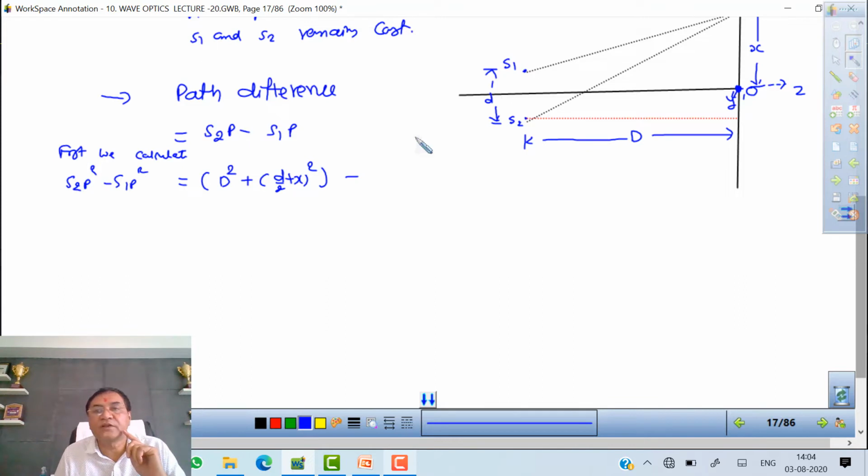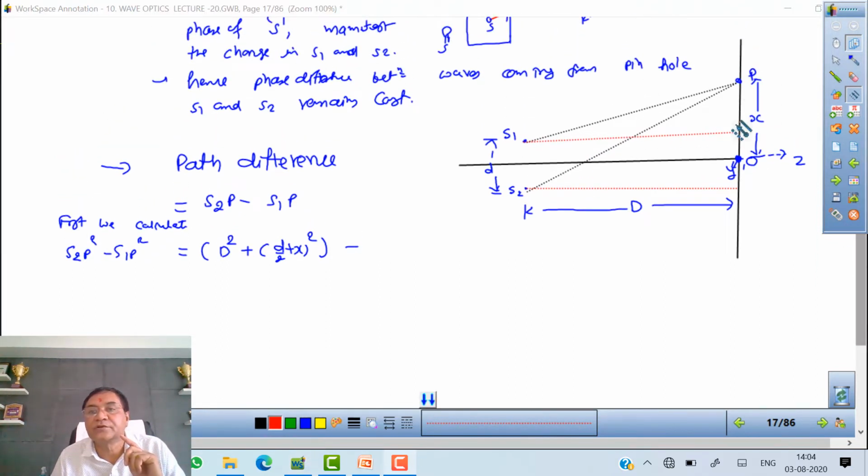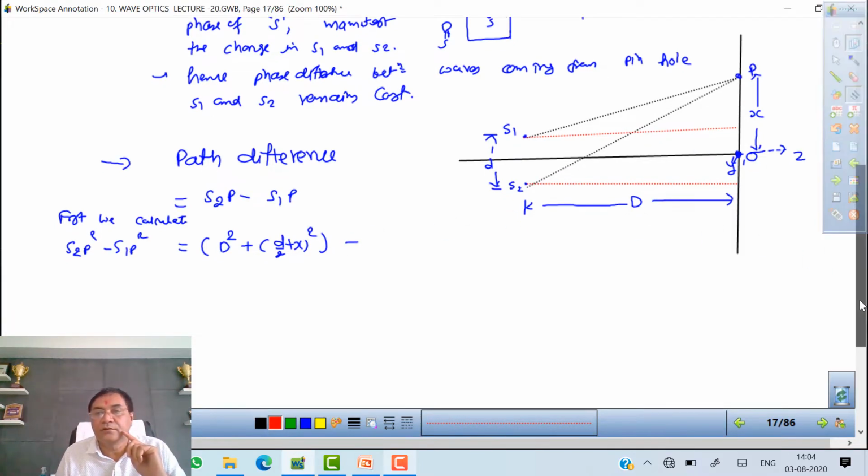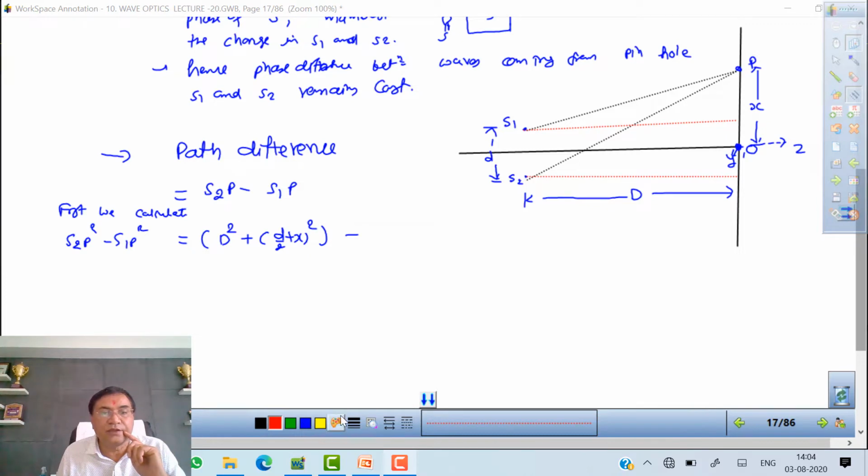Minus, what is S1P? From here, again I can take this right triangle, but now this distance is less, so I have to subtract D by 2 instead of adding. Sorry, I subtract it.